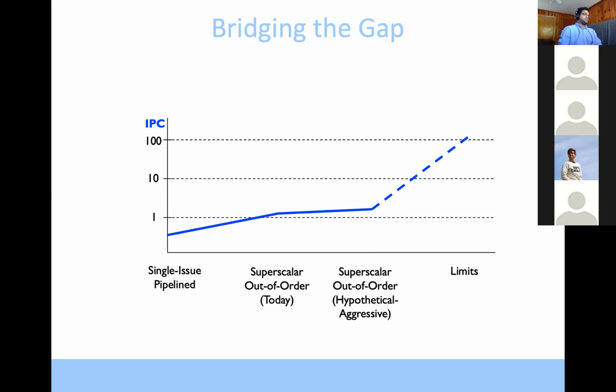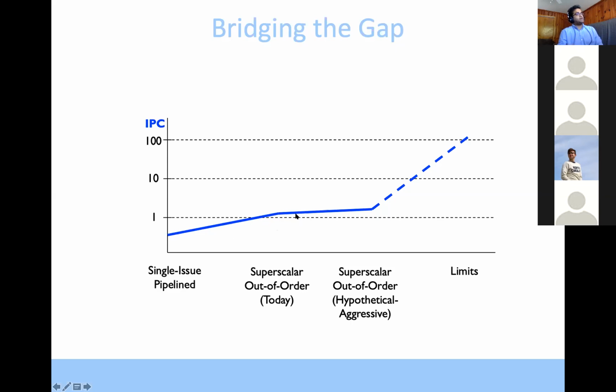This graph shows that we went from single issue pipelined to superscalar out of order. It's a log scale, so you have this nice linear growth.